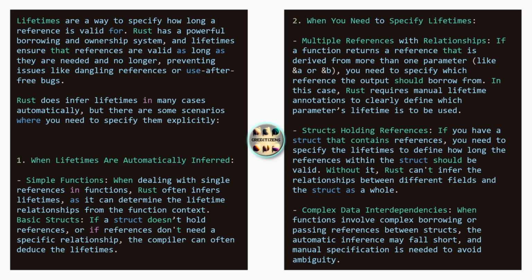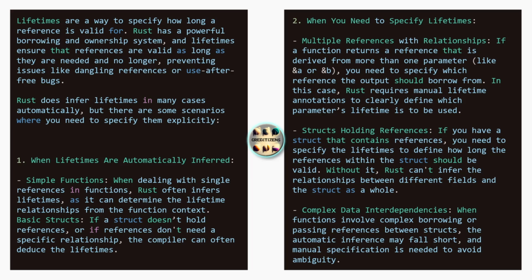Without it, Rust can't infer the relationships between different fields on the struct as a whole. So while using a struct, if you have several fields using references, which happens a lot, you need to specify the lifetimes. We might be using this as a good and complex example and make it evolve in the hands-on part.